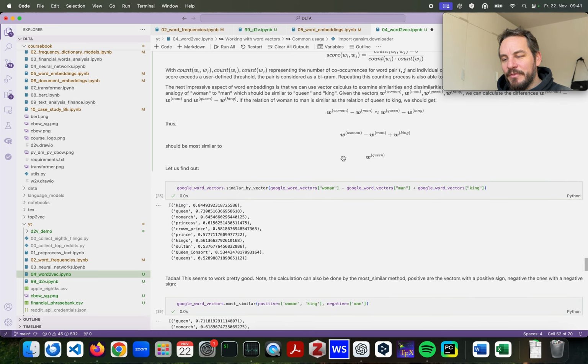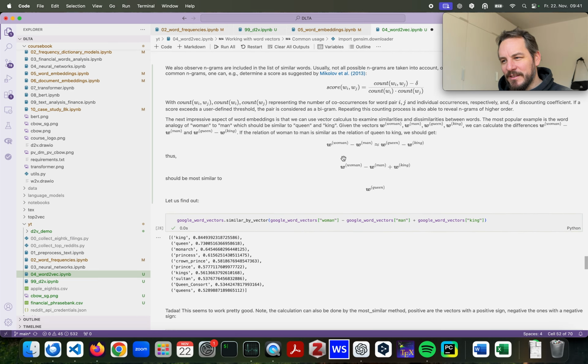All right, then with respect to the calculation, and I think this is also one of the most spectacular things in the original paper, calculating with words becomes a really meaningful thing. For instance, and this is the go-to example in this model, the relationship of woman to man should be very similar to the relationship of queen to king, right?